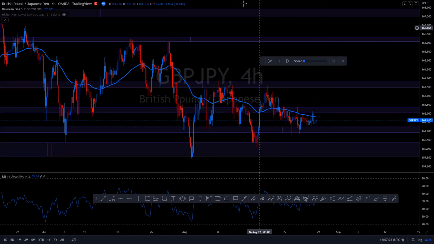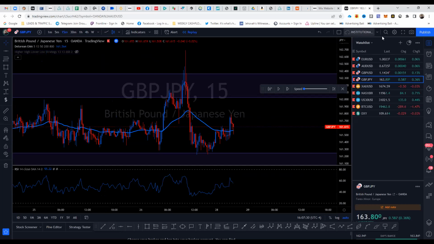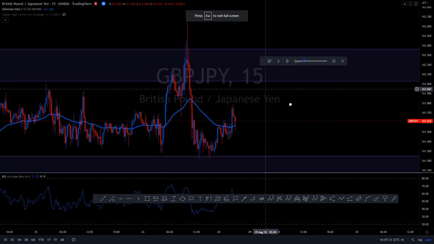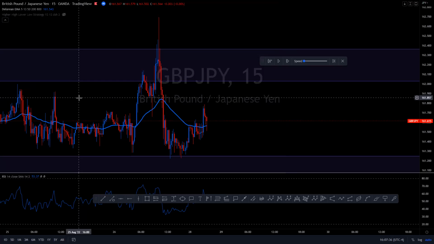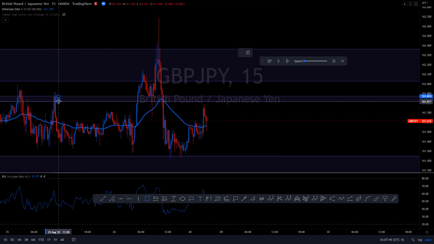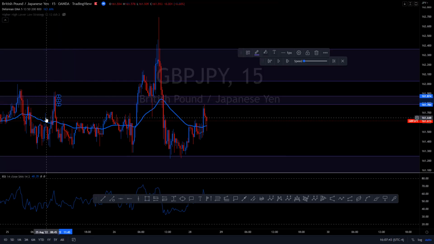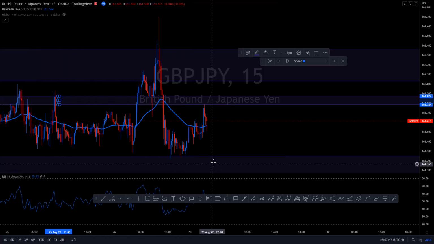So then at this point, we go back to the 15-minute time frame. So now we want to analyze what price did at this point. Now we see that obviously there was a huge supply area here. That's why price hit this area multiple times and pushed price all the way down to here.